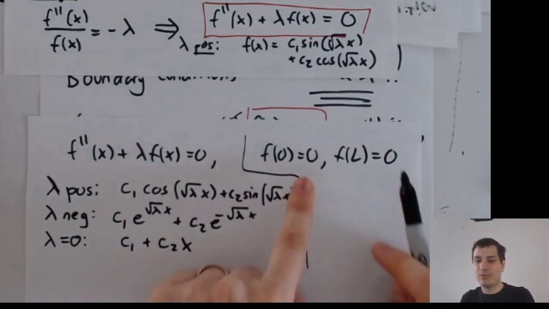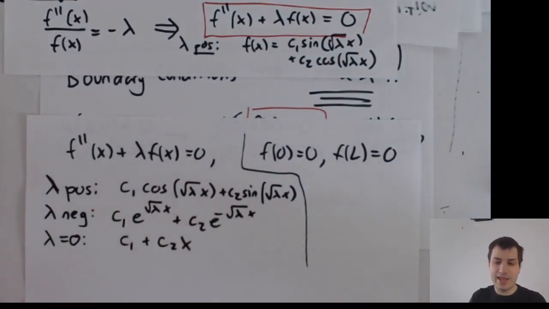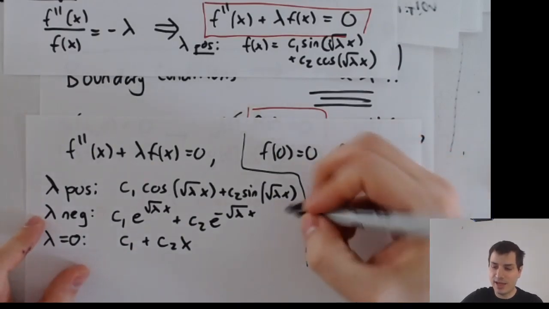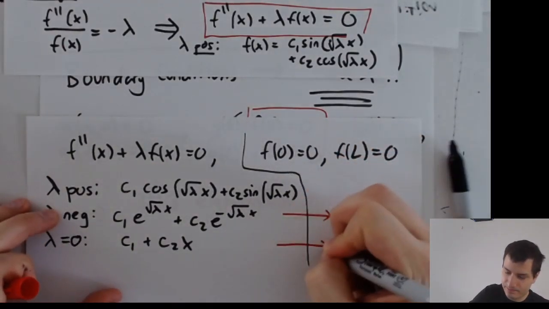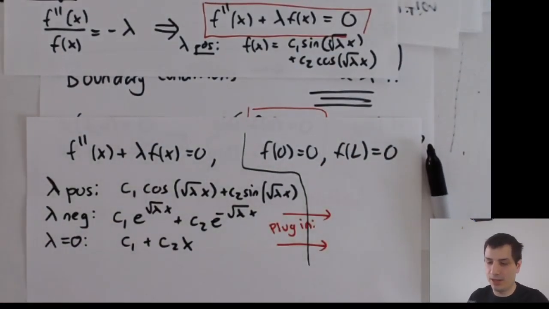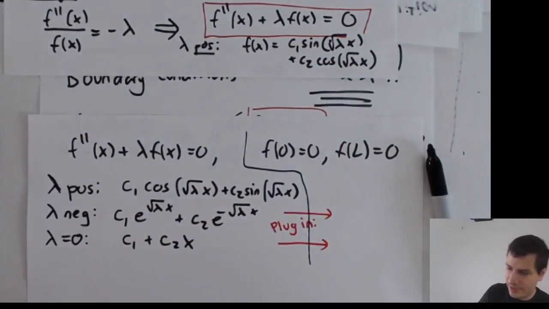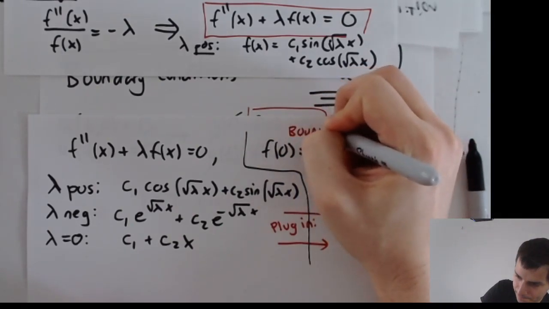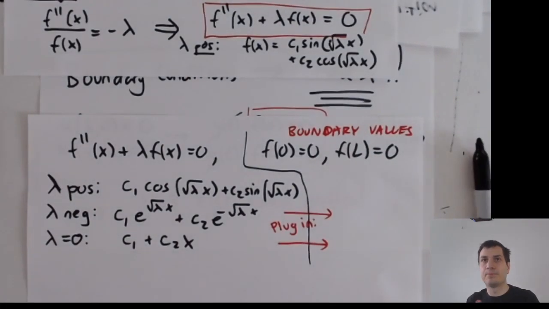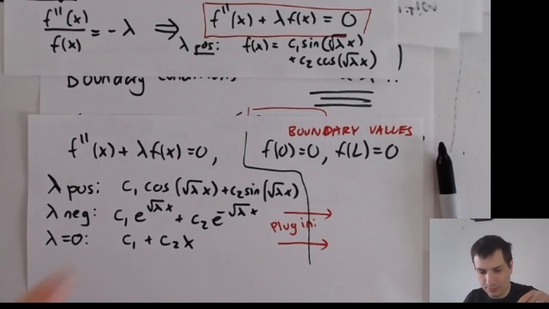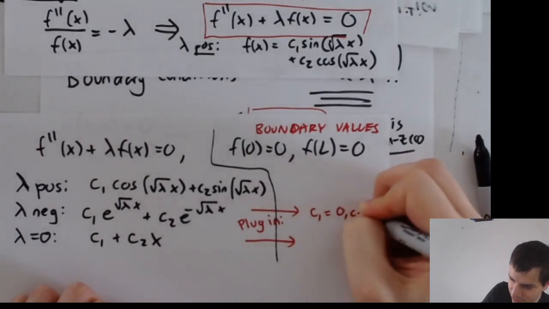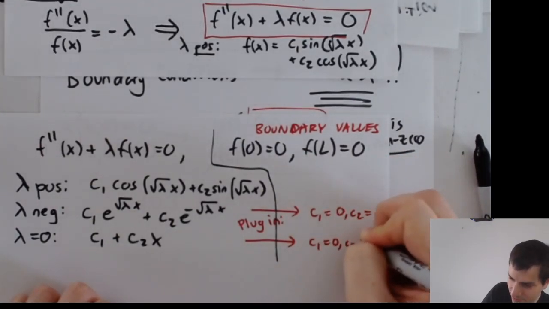And then we have this boundary value problem with f of 0 equals 0 and f of L equals 0. And if you plug in f of 0 equals 0 and f of L equals 0 into the negative and 0 cases, you're going to get that c1 equals 0 and c2 equals 0 in the negative case, and c1 equals 0, c2 equals 0 in the 0 case.